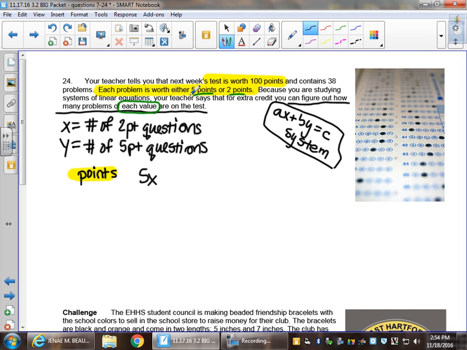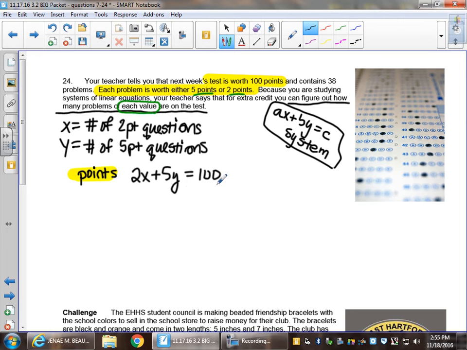And what represents the number of 5-point questions? X or Y? Well, when I look, Y does. So be careful with that. It's not going to be 5x, it's 2x plus, and then we keep going. Because the number of 2-point questions is X, those questions are worth 2 points. So 2x plus 5y equals a total of 100 points.